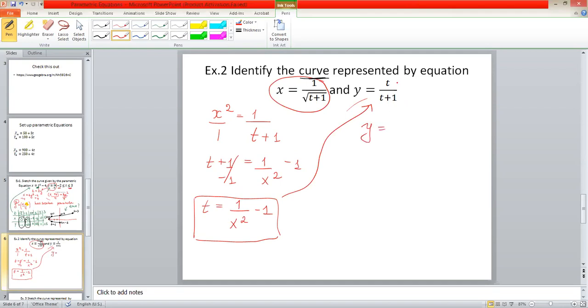Y equals t, so I'm plugging this in: 1 over x squared minus 1, over 1 over x squared minus 1, plus 1 goes away. And I will just rewrite it as 1 over x squared minus 1.